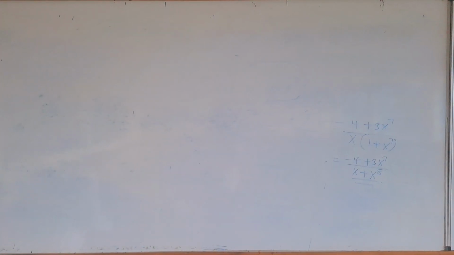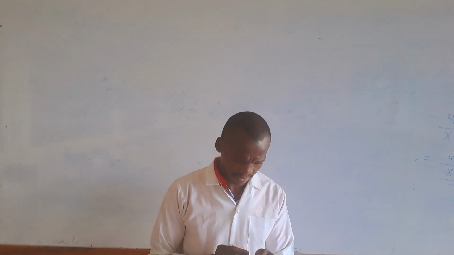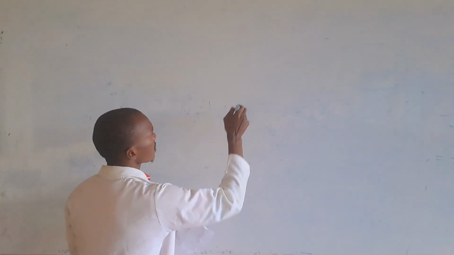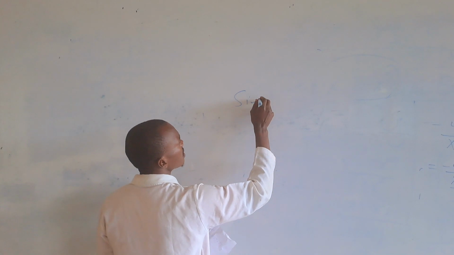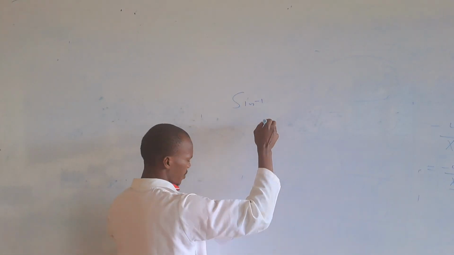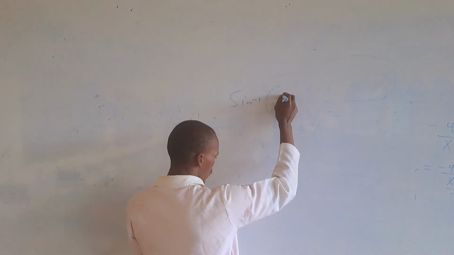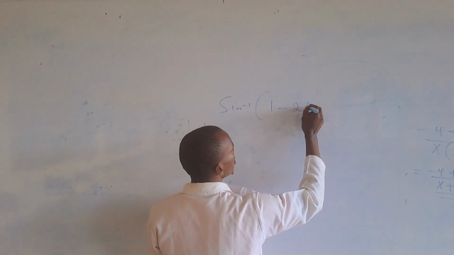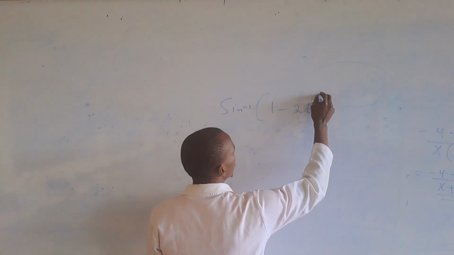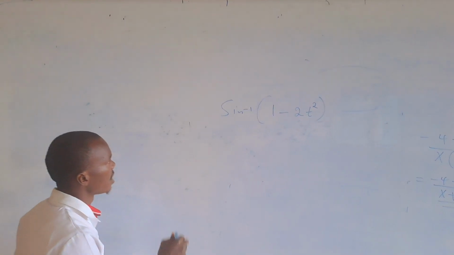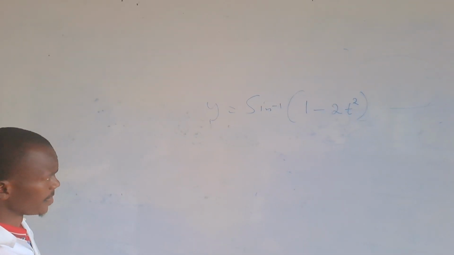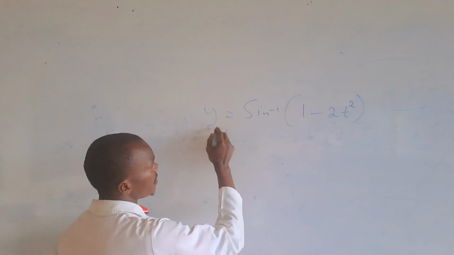Let's see another example that we should also be able to understand. Another example here is to find the derivative of sine inverse of 1 minus 2t squared, like that. Let's get the derivative of this function here.